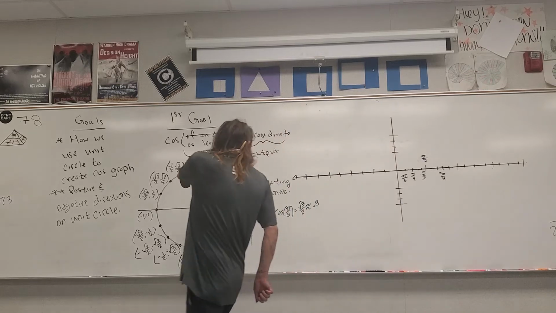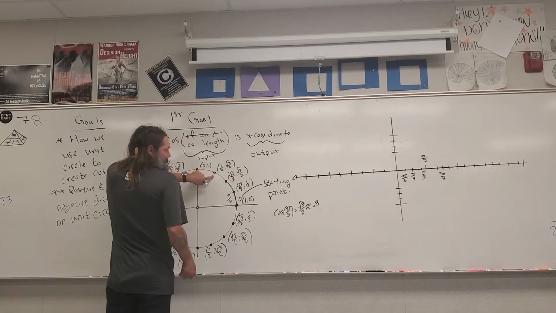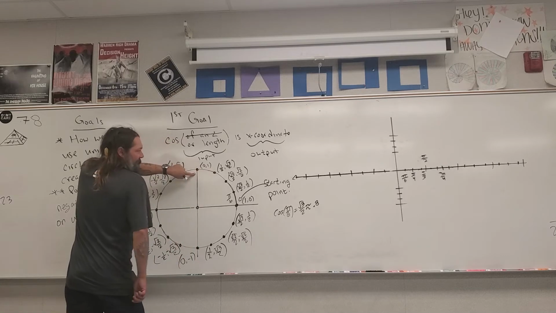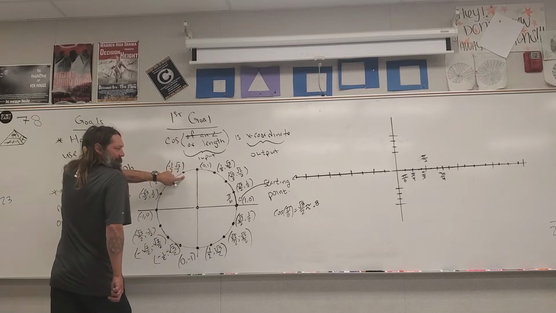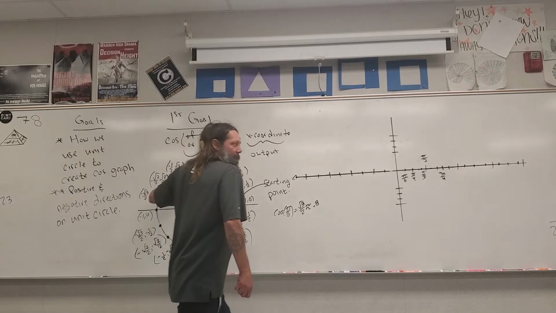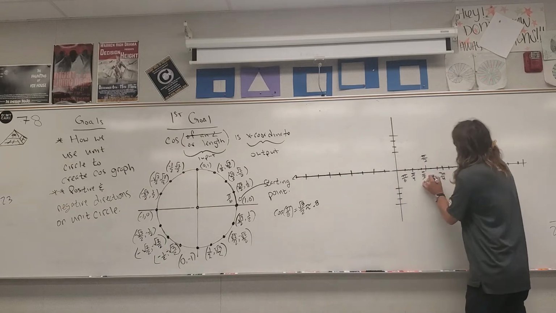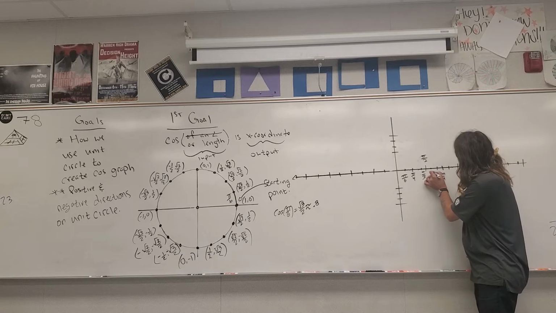So pi over 6, pi over 4, pi over 3, pi halves. Pi halves, that's 3 over 6. So this would be 4/6 pi, or 2/3 pi. Is that right? Yeah, 2/3 pi.